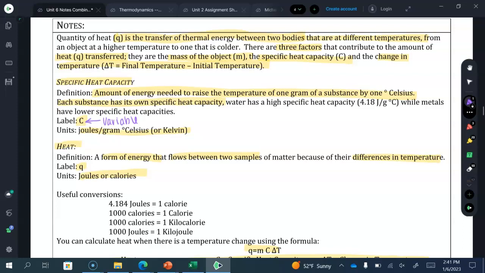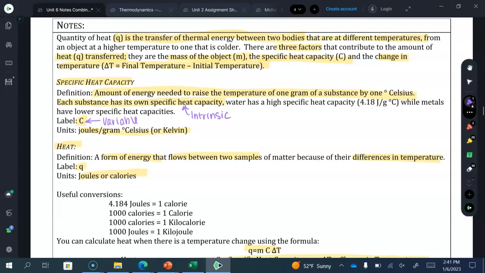The specific heat capacity is the amount of energy needed to raise the temperature of 1 gram of a substance by 1 degree Celsius. So each substance has its own specific heat capacity. This is, if we review a little bit, an intrinsic property. It's based off of the identity of that substance, not how much you have.